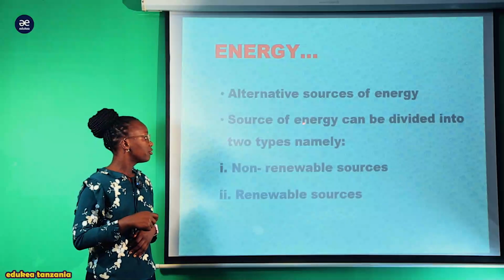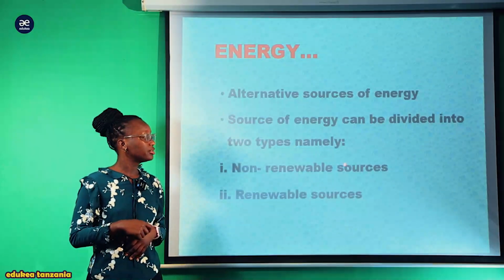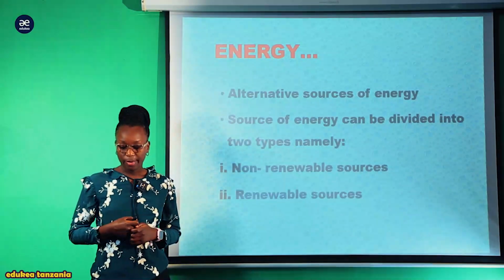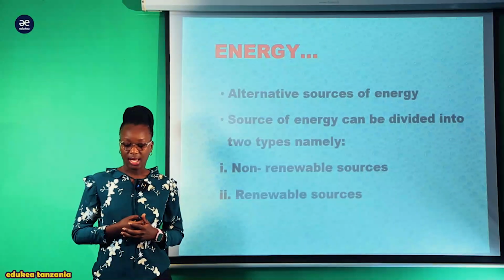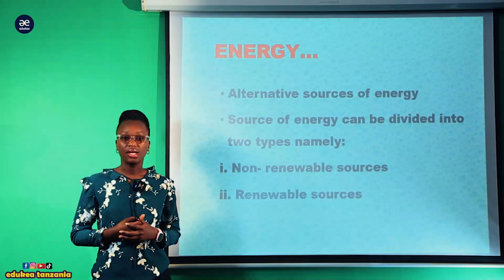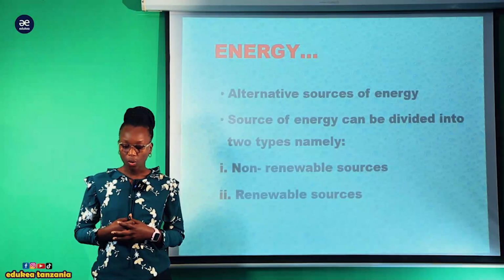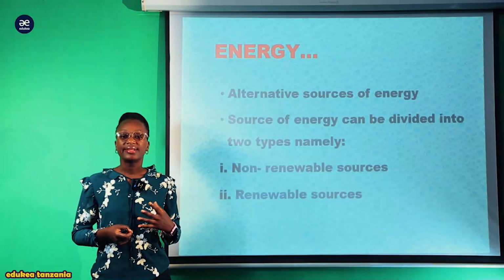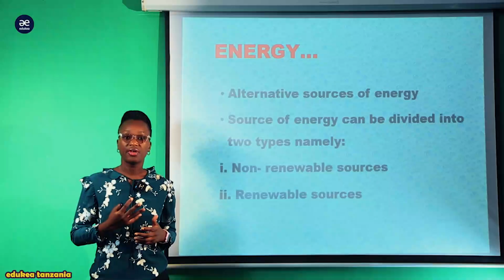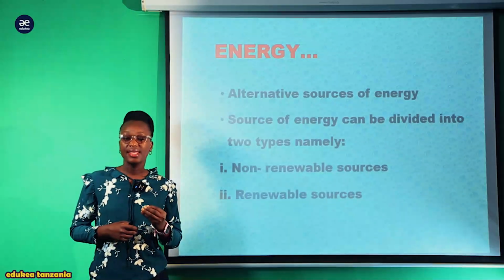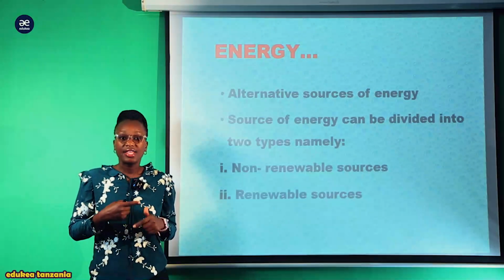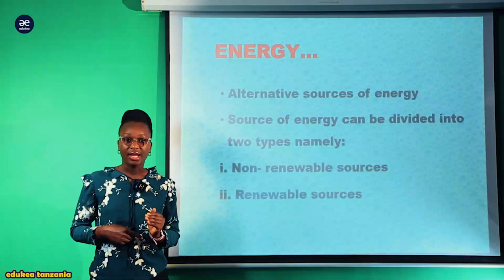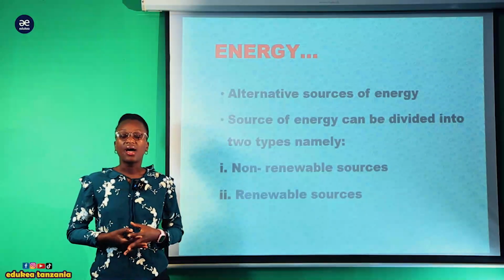Now, sources of energy can be divided into two types, namely renewable sources and non-renewable sources.